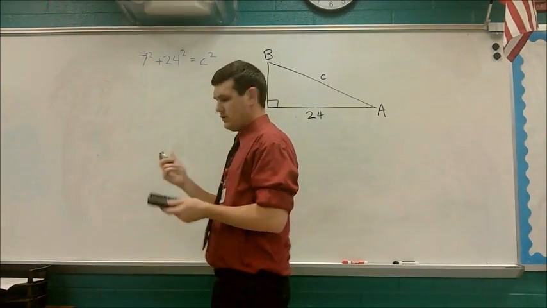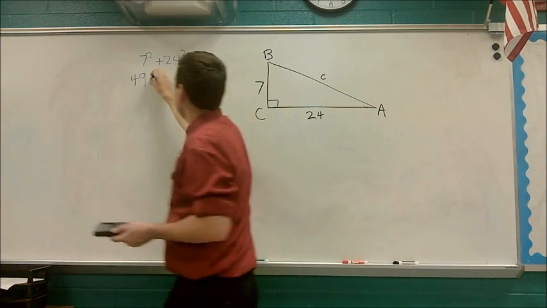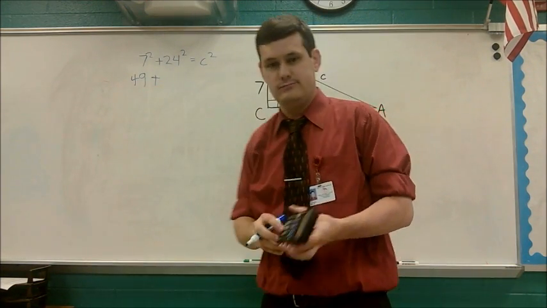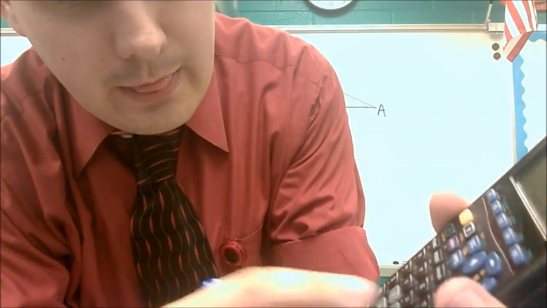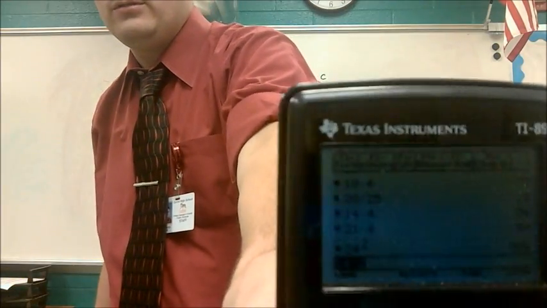Okay, so 7 squared is 49. I know that from my head. So 49 plus, and then we do 24 squared. This is a TI-89. I probably should get one of yours. 24 to the second equals 576.